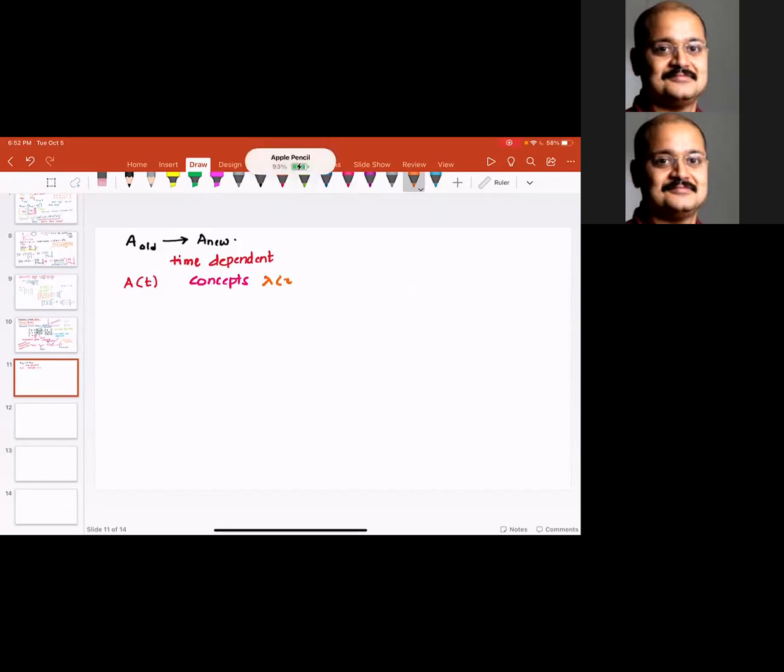This is a little bit new to understand, because usually we are not familiar with time varying eigenvalues and time varying eigenvectors. So you have lambda t, which are eigenvalues.